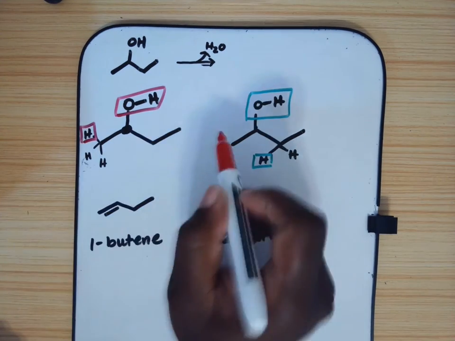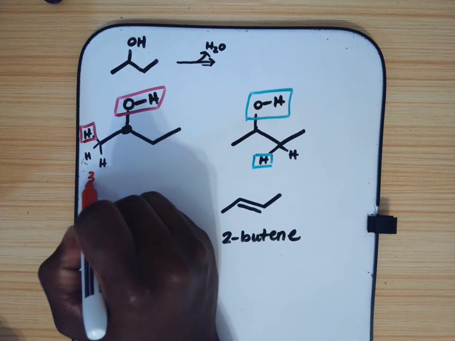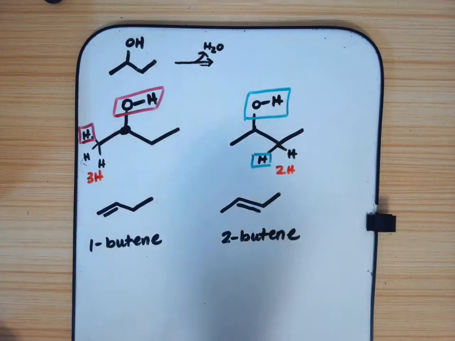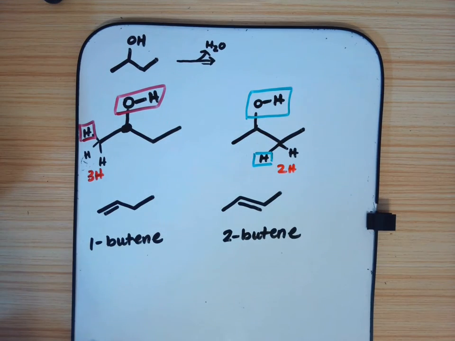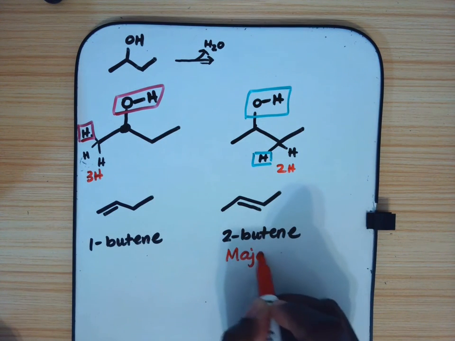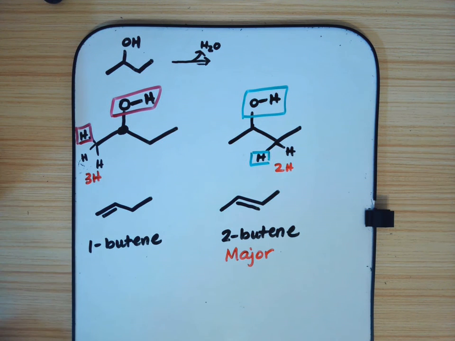So in our 2 examples, carbon 1 had 3 hydrogen. Carbon 3 only had 2 hydrogen. Once you identify which carbon attached to the alcoholic carbon has the fewest number of hydrogen, the alkene that forms using that carbon would represent your major product.